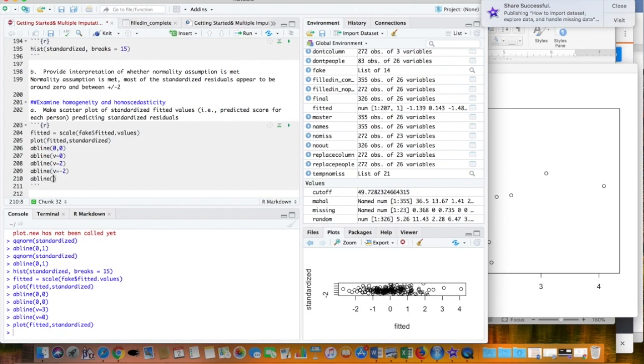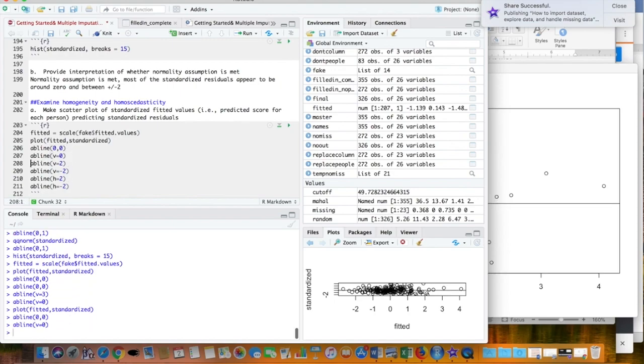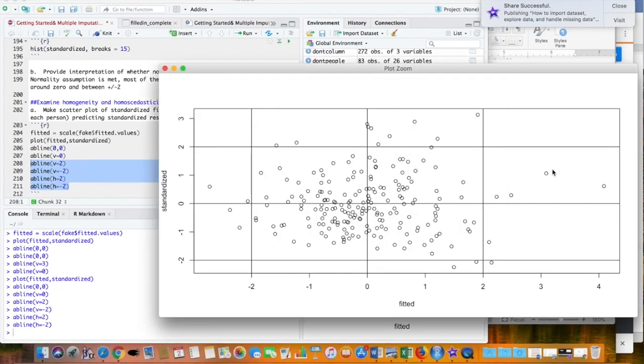Perfect. So you don't want any types of shapes. You want most of the dots to be equally spread across all 4 quadrants, which seems to be what it is over here. And for homoscedasticity, you don't want any particular shapes.